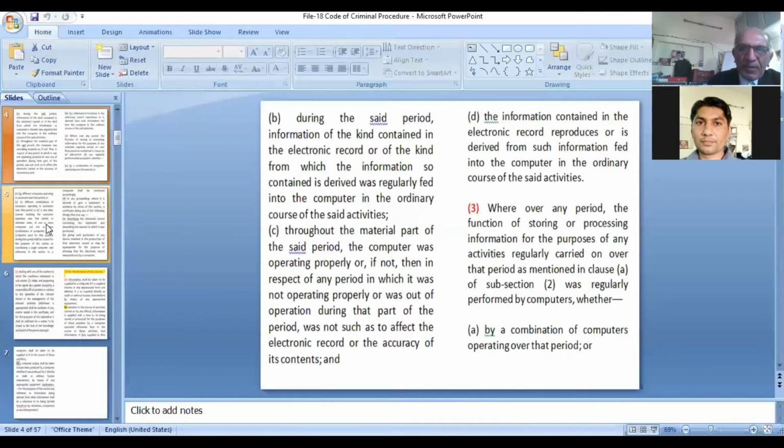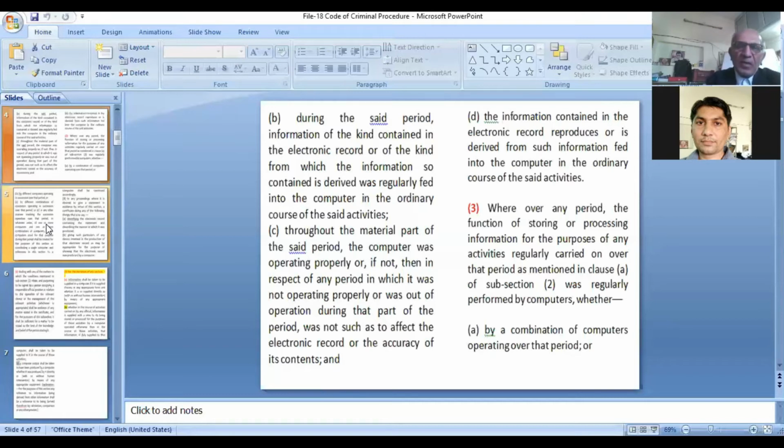is being permitted here. In clause C, throughout the material part of the said period, the computer was operating properly, or if not, then in respect of any period in which it was not operating properly or was out of operation during that part of the period was not such as to affect the electronic record or the accuracy of its contents.